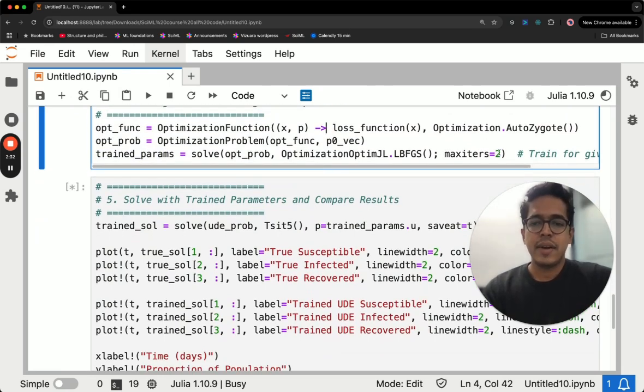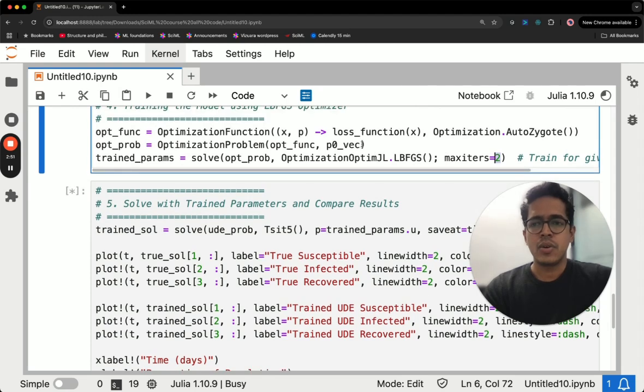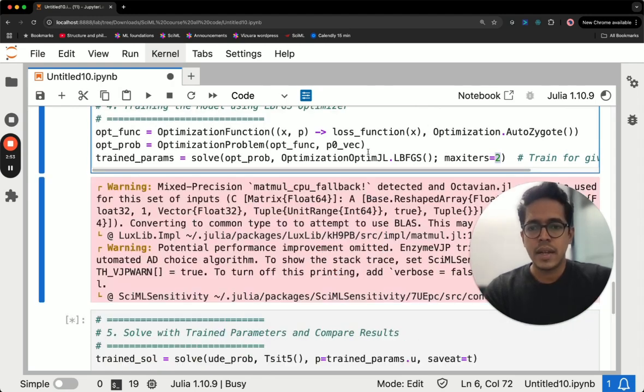Here I have defined only 2 as the maximum number of iterations because I noticed that even with 10 or 15 iterations, I'm getting very good results. So initially, to make the execution fast, I just defined the maximum number of iterations or epochs as 2. It should hopefully be executed really soon.